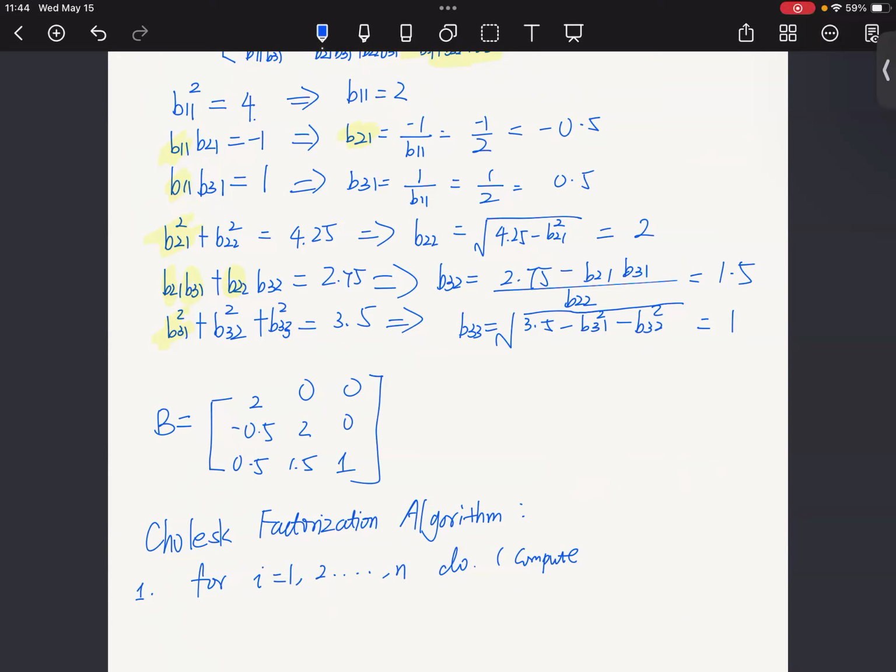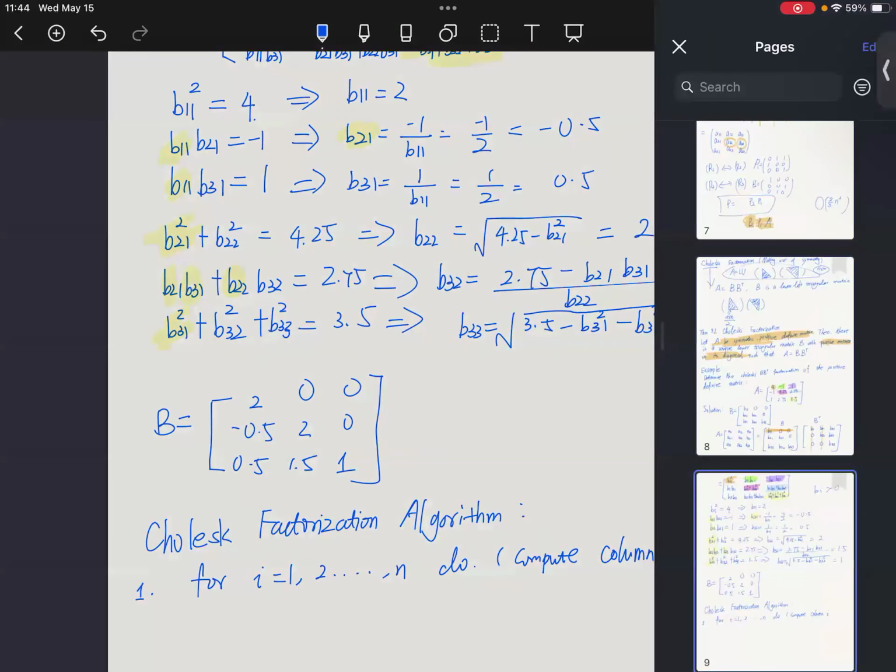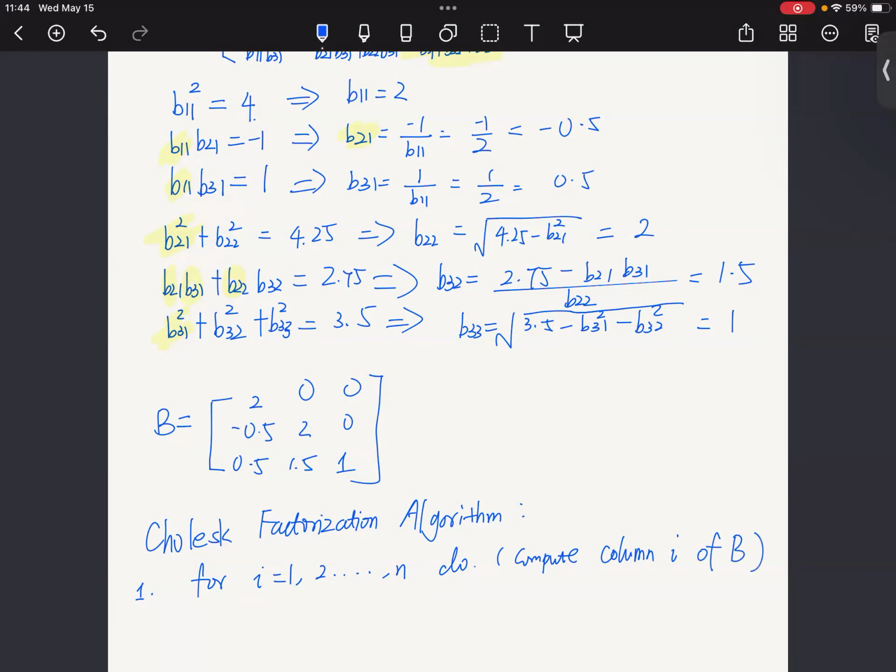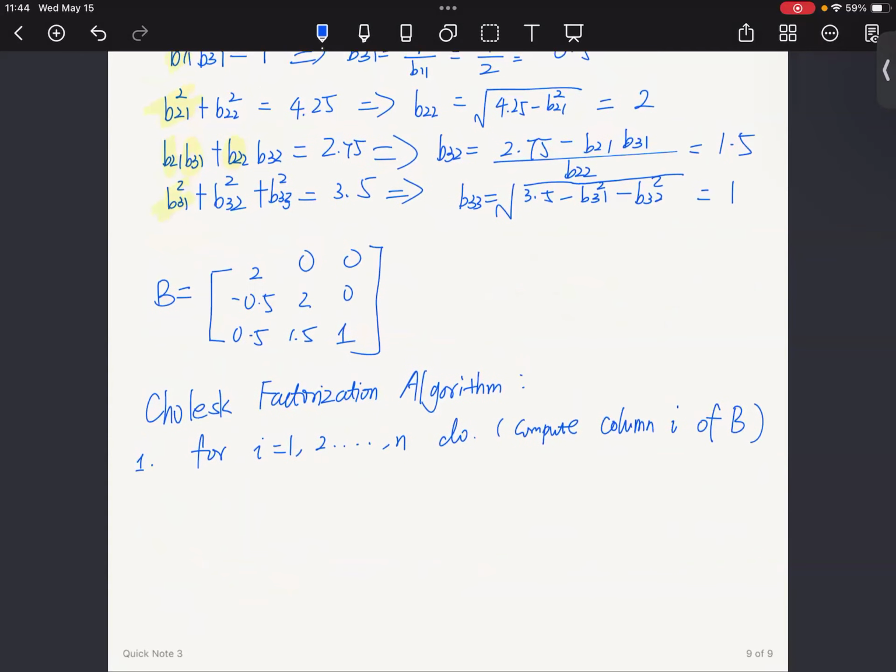So for each iteration, I'm going to compute the corresponding column I of the B matrix. For each I, what's BII? What we know is just AII and something we calculated before this iteration, AII minus the sum from K equals 1 to I minus 1 of BIK squared.